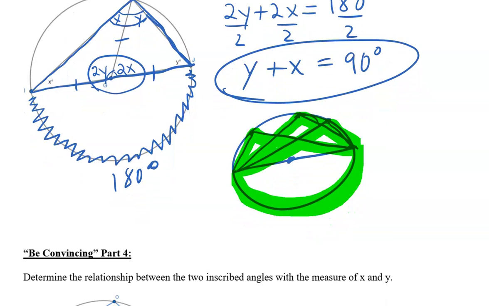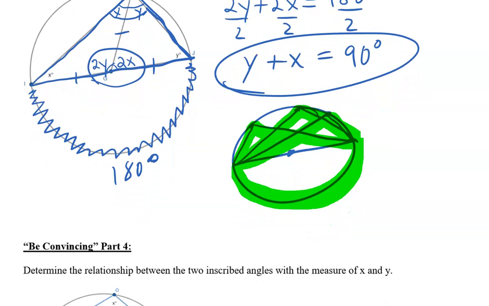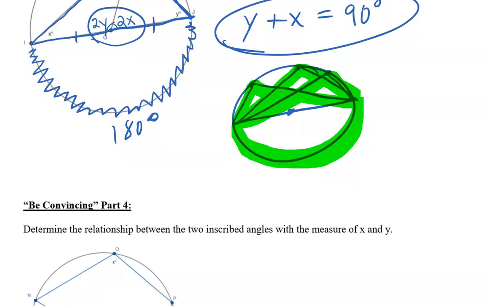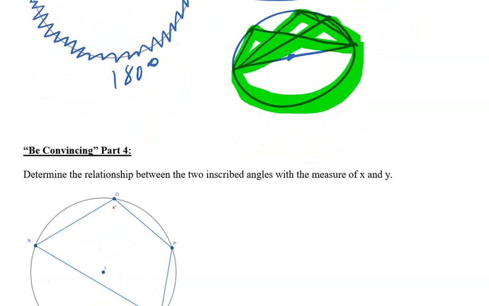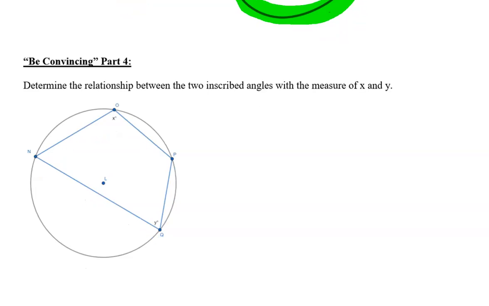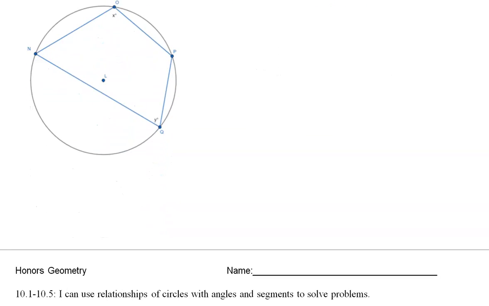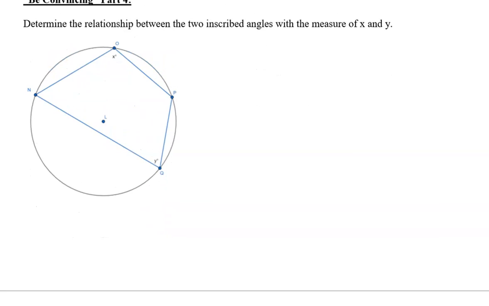And lastly, the relationship between inscribed angles in a circle. So it's such that it is what's called a cyclic quadrilateral. Meaning, okay, it's an inscribed quadrilateral, just four sides on the shape, okay, and all points are on the circle.